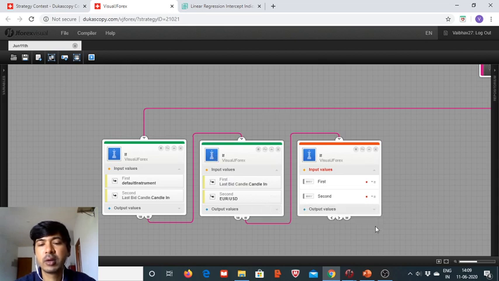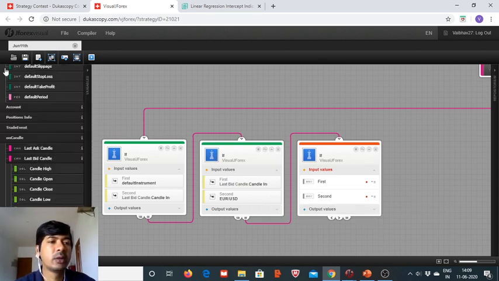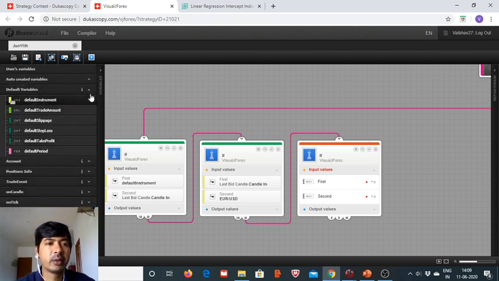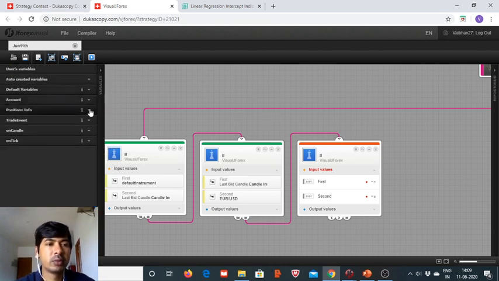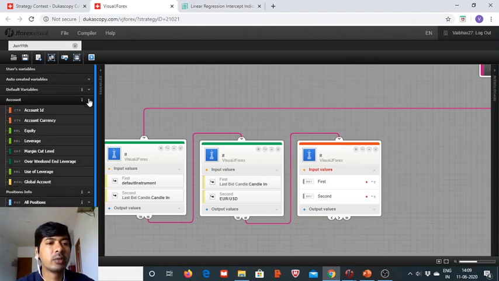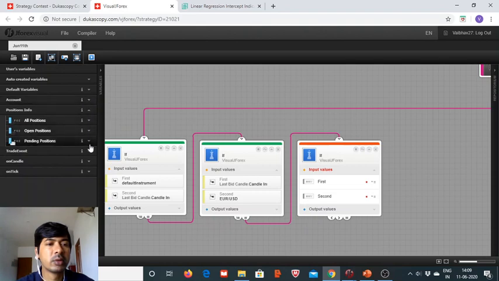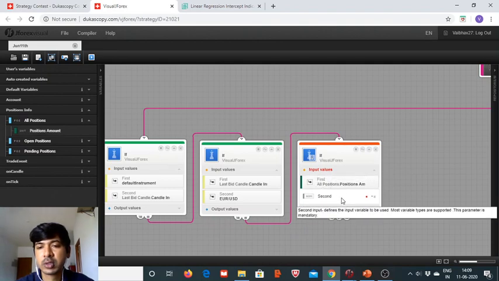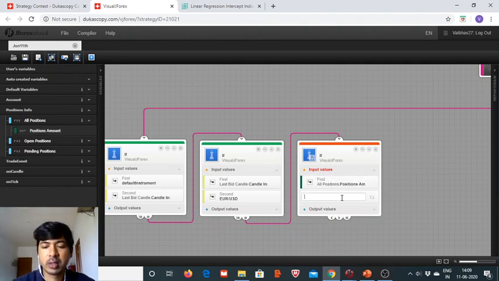All right, now the position amount needs to be defined at 0, position info count, so here position amount, and here comes 0.